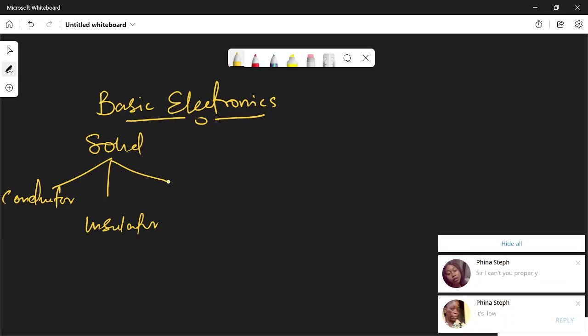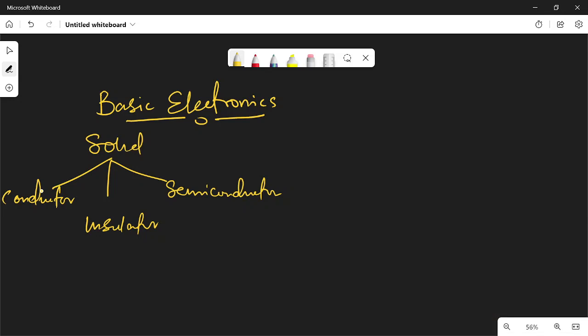We have what we call semiconductors. So these are the three things that we refer to as solid. So when you say solid, you talk about what? Conductor, insulator, and semiconductor. As far as electricity or electronics is concerned.